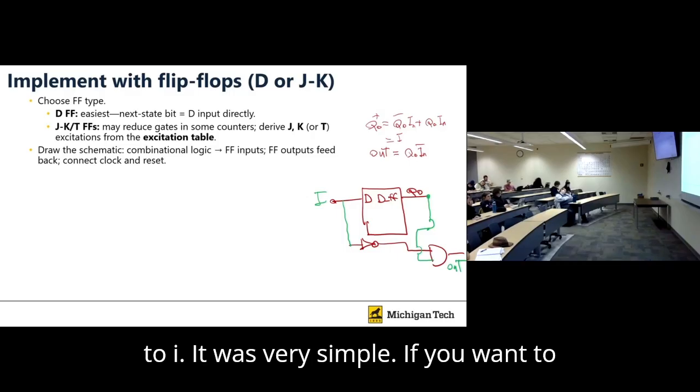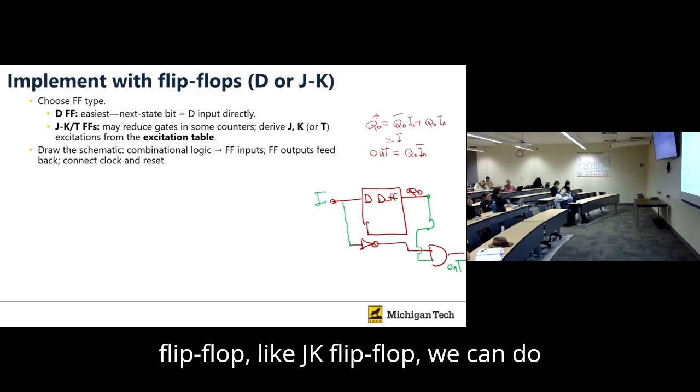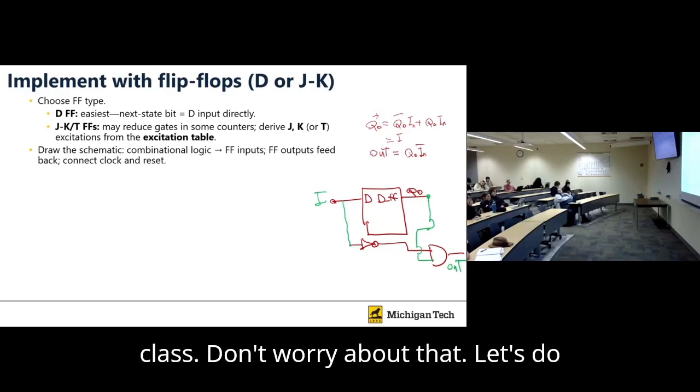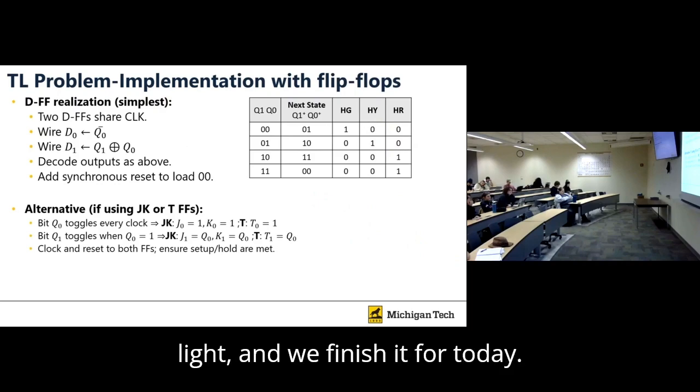It was very simple. If you want to design with another flip-flop, like the JK flip-flop, we can do that too, but we're going to do that next class. Don't worry about that. Let's do that just for this traffic light, and we finish it for today.